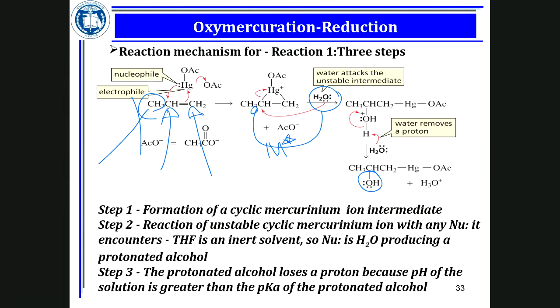CH has fewer hydrogens. That's the one that's taking the OH. On this slide you see the mercury on the CH2, but I said that when we add sodium borohydride, this is going to be replaced by hydrogen. So the carbon CH2 takes hydrogen, CH takes OH, and this addition is going to be Markovnikov addition.